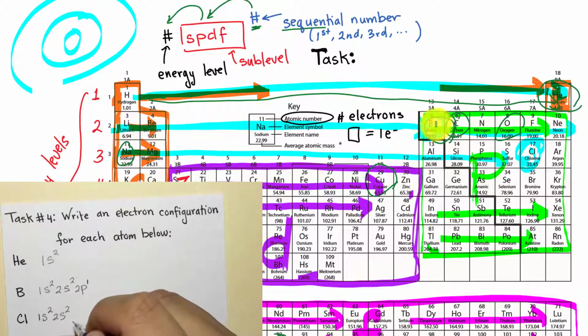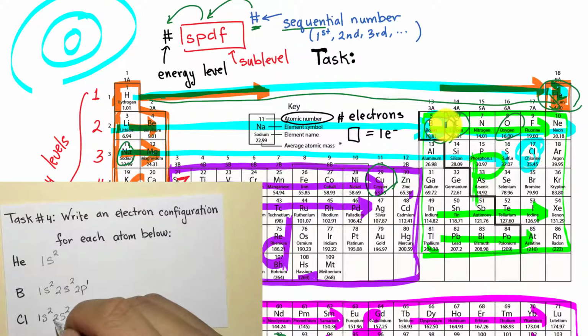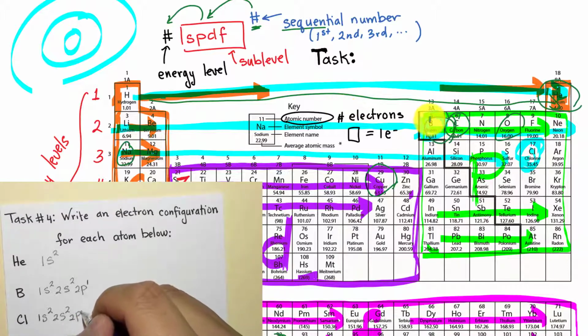Then we go to the p sublevel, which also belongs to the second energy level. Although those two sublevels belong to the same energy level, because they are two different sublevels, we have to write them separately. So this 2p sublevel contains 6 electrons: 1, 2, 3, 4, 5, 6.